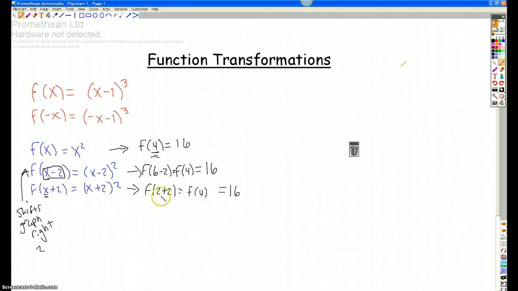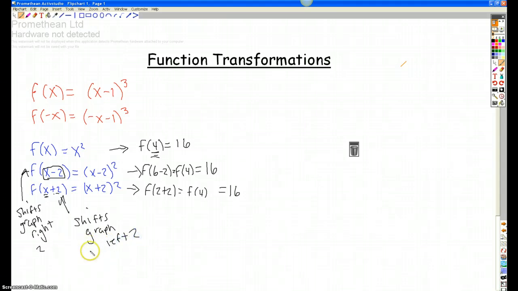In other words, I only have to plug in a number that's 2 to the left of what I used to have to plug in. Because that plus 2 is almost like steroids, it's giving the inputs a head start. So I only have to plug in a number that's 2 smaller than what I used to have to plug in. So that's why this shifts the graph left 2.